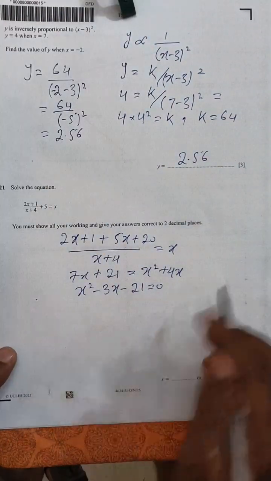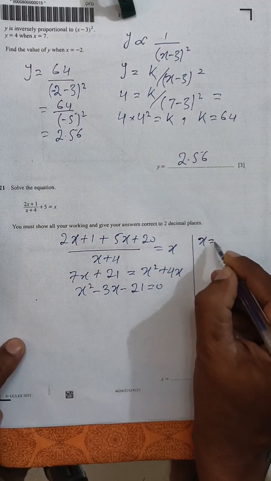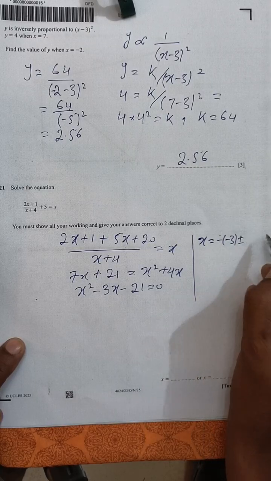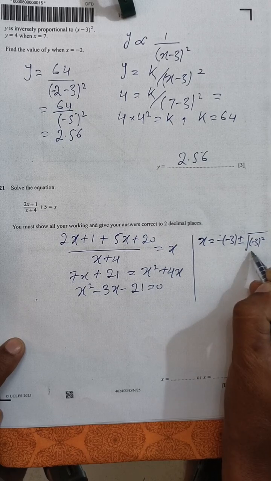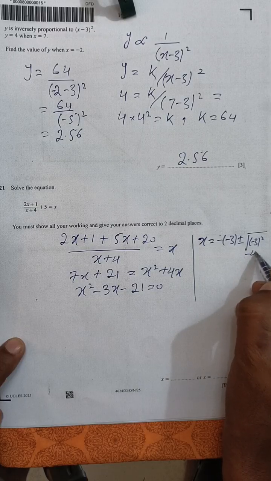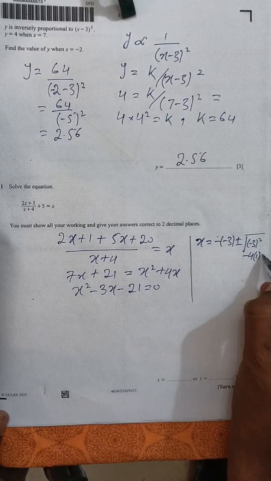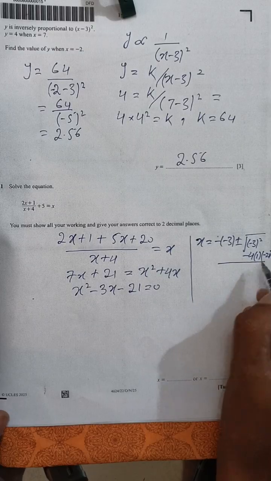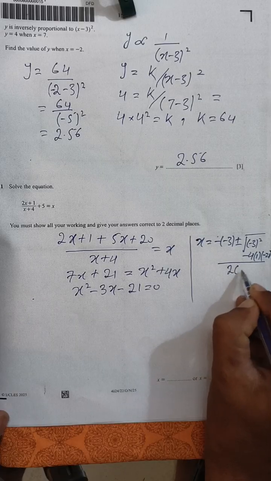So now the quadratic formula is this one. x equal to minus b, plus or minus the square root of b squared minus 4ac, divided by 2a. Minus b is minus minus 3, which is 3, plus or minus the square root of minus 3 squared minus 4 into a, which is 1, into minus 21, divided by 2a, which is 2.